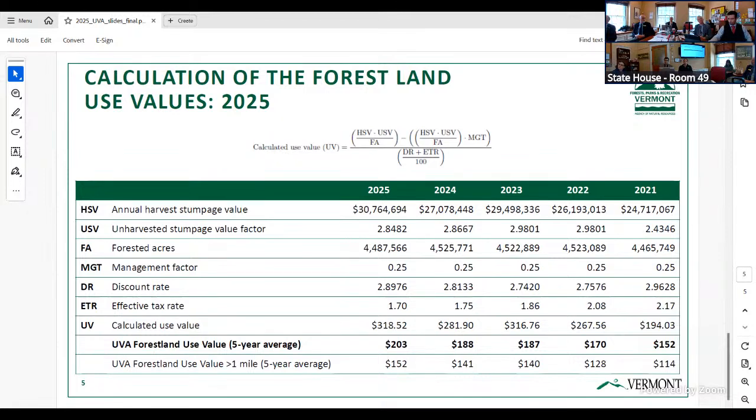Just the top line there, I'm still not quite clear. The annual harvest stumpage value, that is a function of how much is removed from the forest in a particular year? Yeah, so it's the 2023 harvest volumes that were reported to me by mills that consume Vermont wood products. That's Vermont mills, as well as surrounding states, all the way to Pennsylvania, Ohio, and includes Canada.